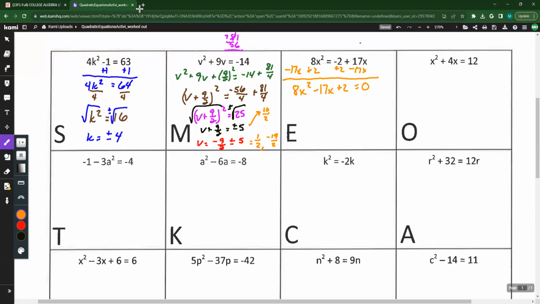Now, this one will factor, because I can multiply 8 and 2, which is 16. And if I write my factors of 16, it's 1 and 16, 2 and 8, 4 and 4. I need to move that over.